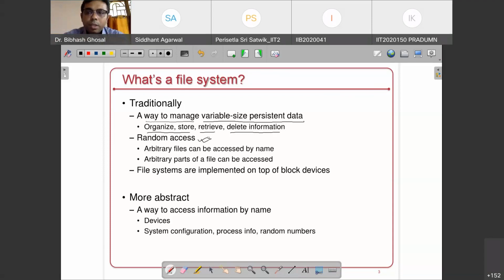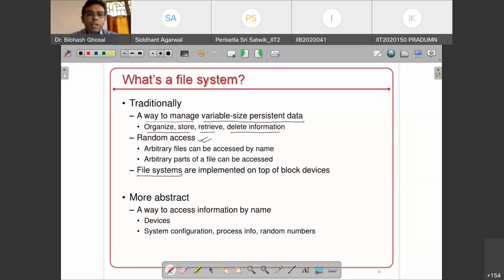You want to access only some part of a table, that's some part of the file. You don't want everything. So how can you organize the data so that you can access parts of that? Well, for doing that, you need something called file systems.